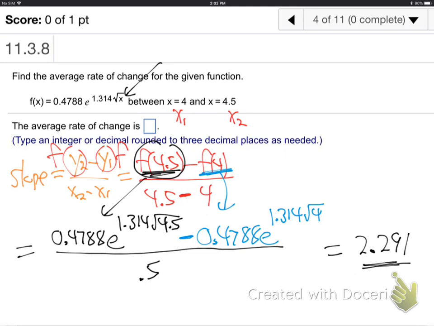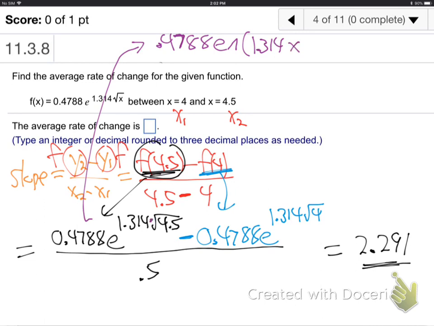2.291. So let me show you a thing or two about using your calculator in a way that'll be easy, because this is a hard calculator one. Basically, when you type this first thing in here, I would just go 0.4788, e to the power, right? It shows you got to hit that second ln, e to the power. It does parentheses automatically. 1.314, and then you got to go times, right?